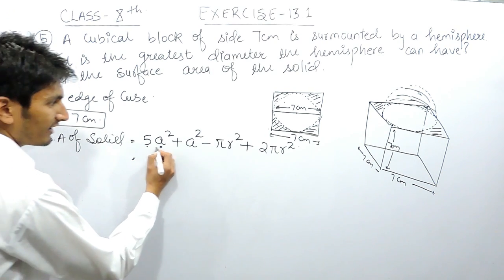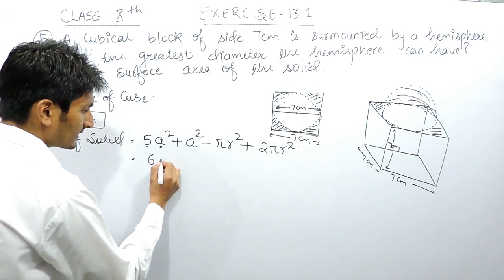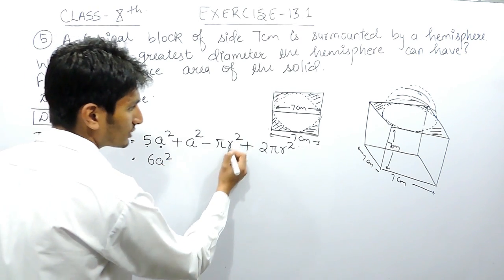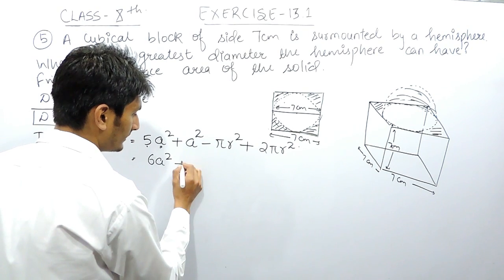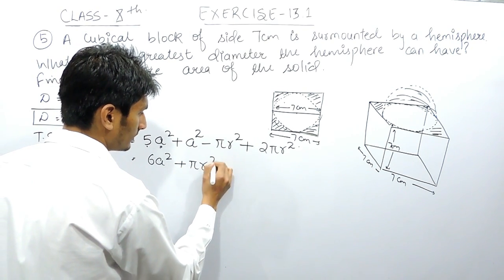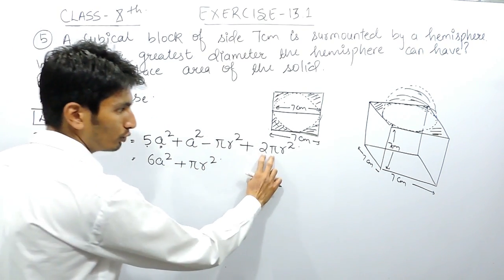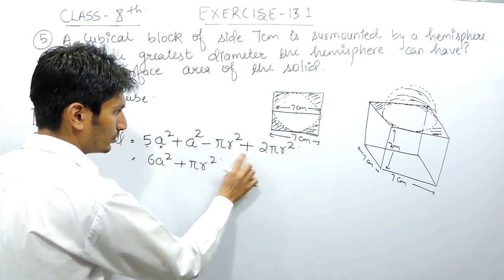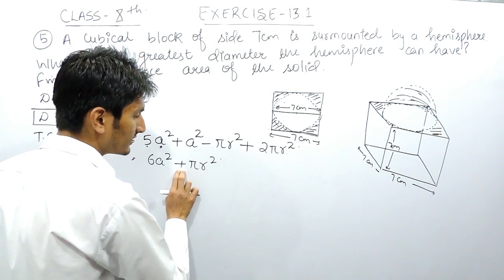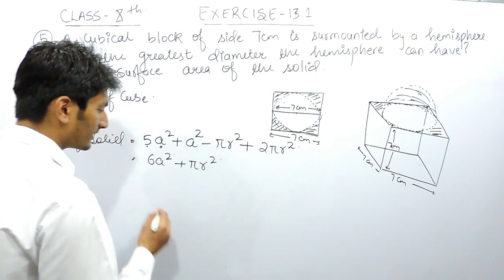Now this is 5a square, this is a square, this will be 6a square. This is pi r square, this is 2 pi r square. So plus minus will be minus, and this will be pi r square, because 2 pi minus pi will be pi, and the sign will be positive because the greater value has the positive sign.